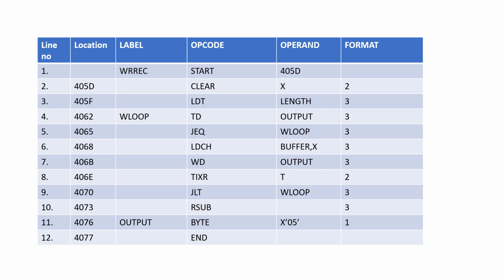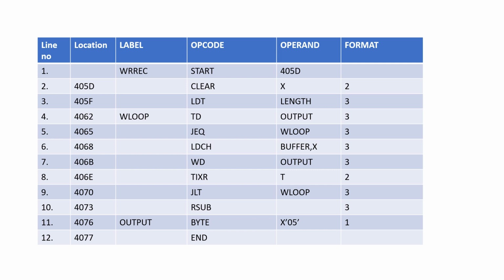In the same way, TD, JEQ, LDCH, WD, JLT and RSUB are of type format 3, and TIXR consists of one register, which is format 2. So by considering these formats, we need to add the location one by one.